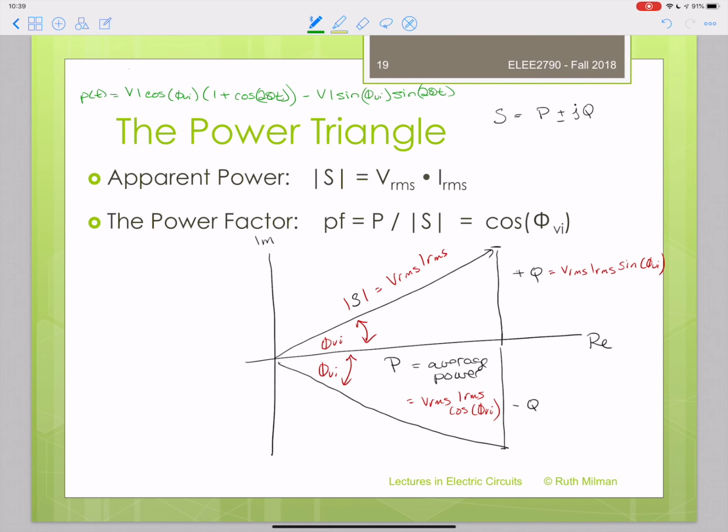This really breaks down into two parts. So we have this part, which is P, and this part, which is Q, and what we're actually left with is that p of t, the instantaneous power, is equal to P plus P times the cosine of 2 omega t minus Q times the sine of 2 omega t.